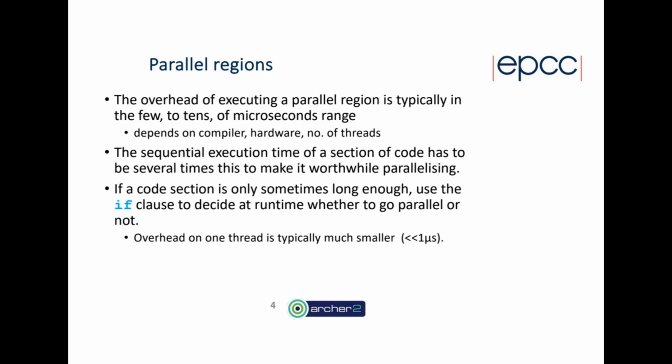If the if clause evaluates to false, then technically you still get a parallel region, but only with one thread. The overhead for a parallel region with a single thread is not 0, but it's typically much smaller, a lot less than a microsecond. So that's a fairly convenient way of dealing with the situation where you have a parallel region which is only sometimes computationally expensive enough to be worth parallelizing, and other times it isn't.